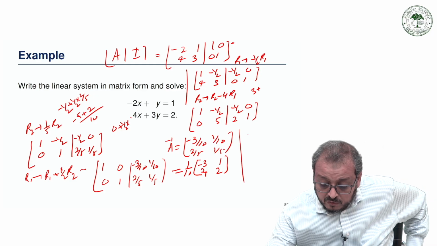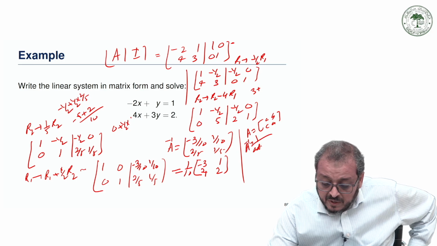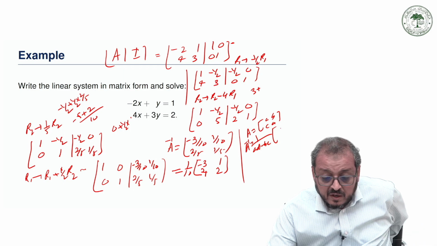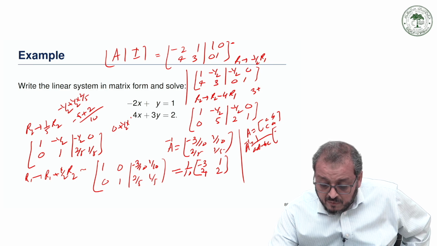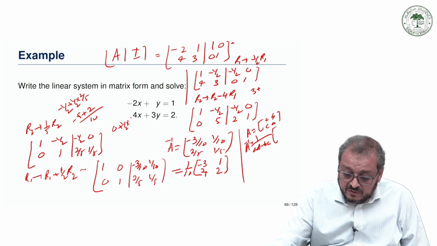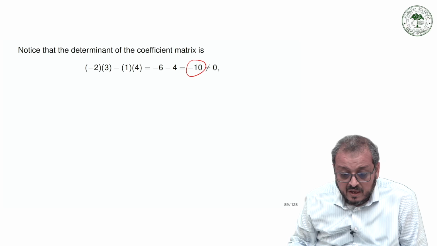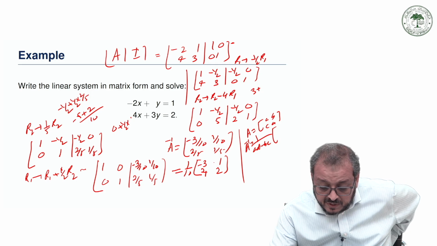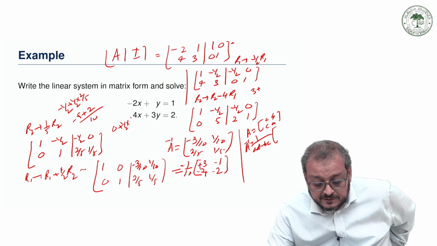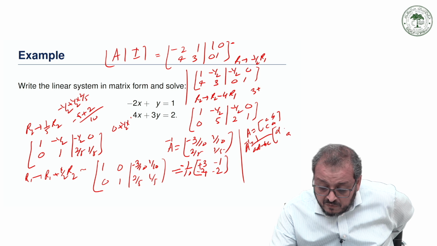Now we know that if A is in the form [[A, B], [C, D]] and is an invertible matrix, then A inverse can be written as 1 over (AD minus BC) times [[D, -B], [-C, A]]. So we calculate AD minus BC, which is clearly minus 10. We try this method also: interchanging the diagonal entries and changing the signs of the others.